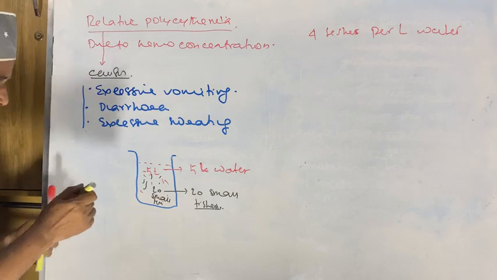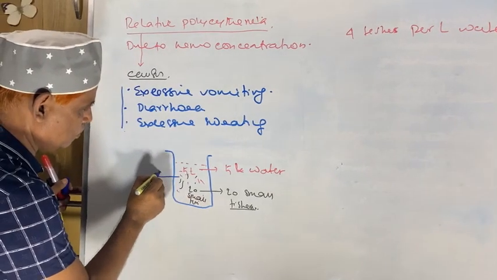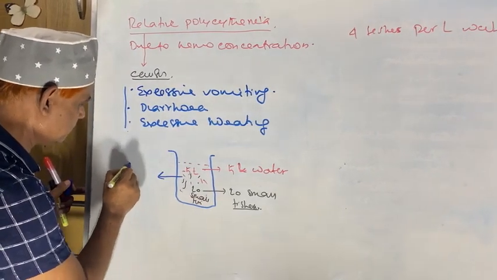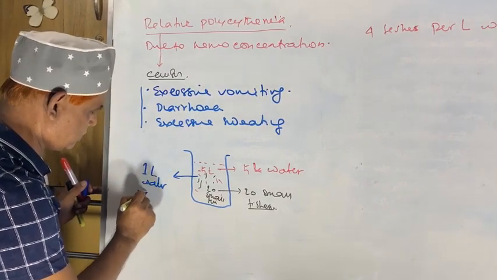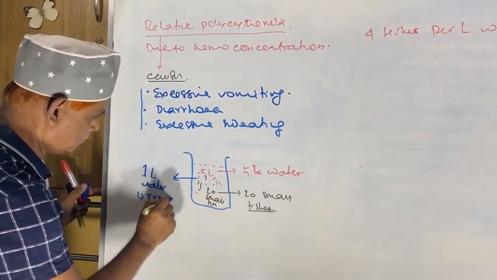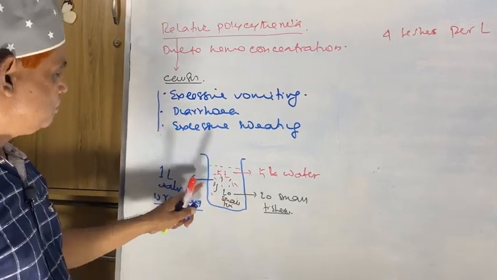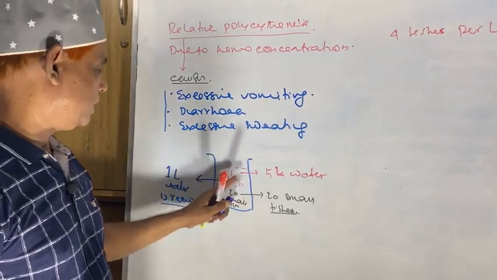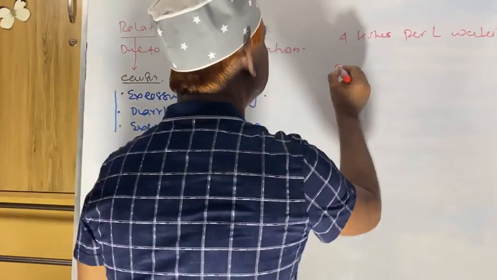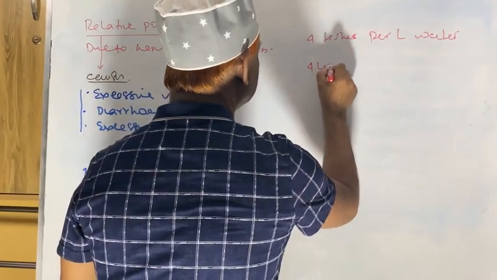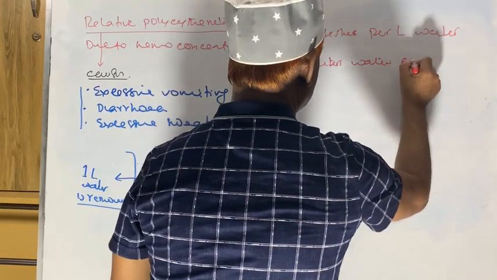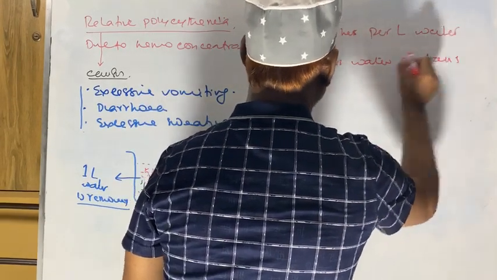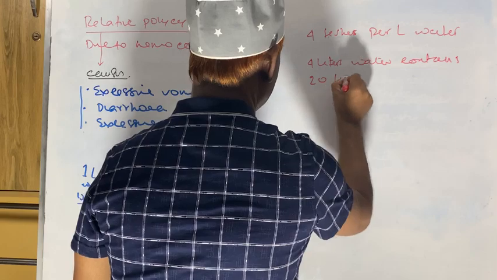If 1 liter of water is removed, then 4 liters of water contains 20 fishes.